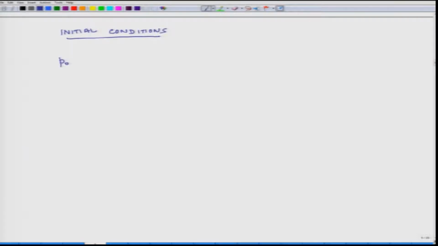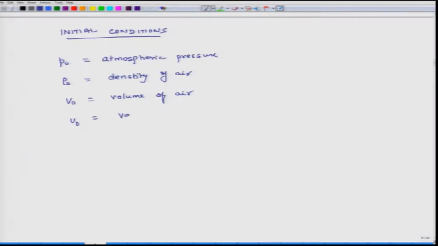When there is no sound in this medium, then this is my pressure, P naught is atmospheric pressure, rho naught is the density of air, V naught is volume of air, and U naught is velocity of air.